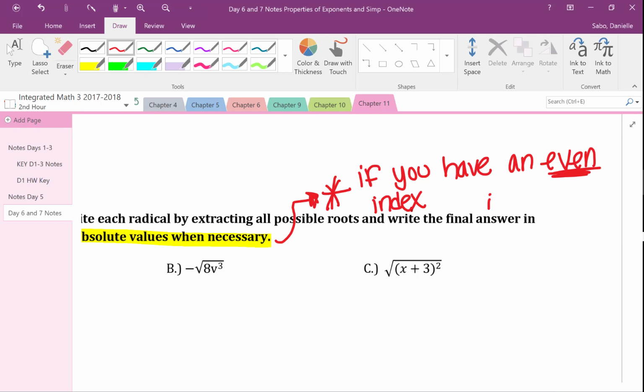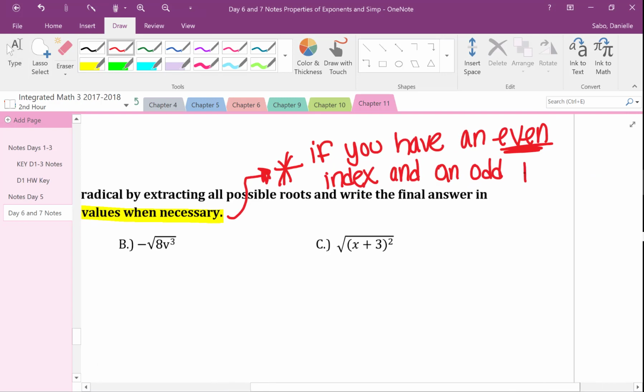It's a little number inside the radical, right? Like the square root's 2, 3 is the cube root, okay? When you have an even index and an odd power result, you must have those absolute value signs.